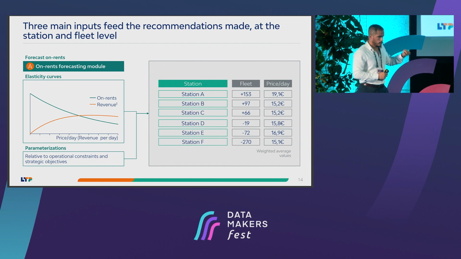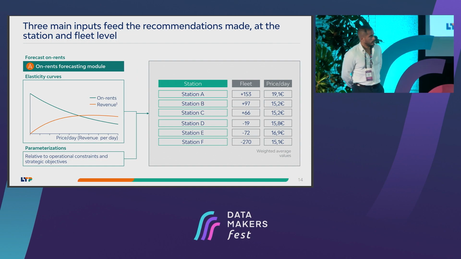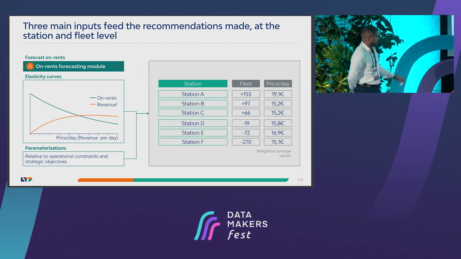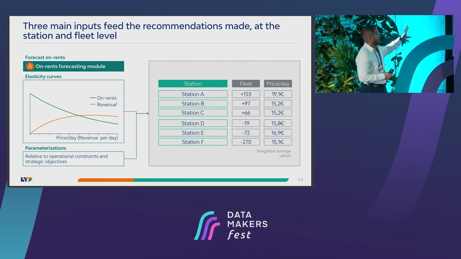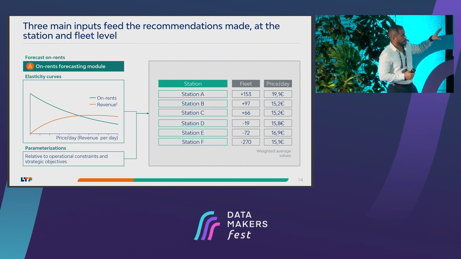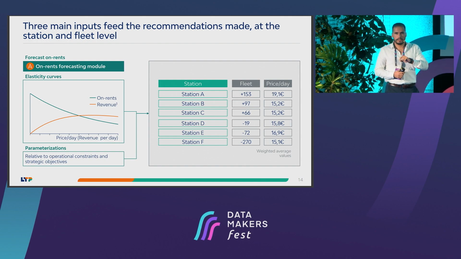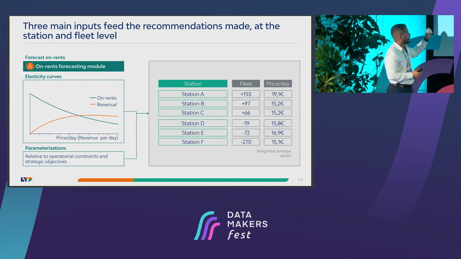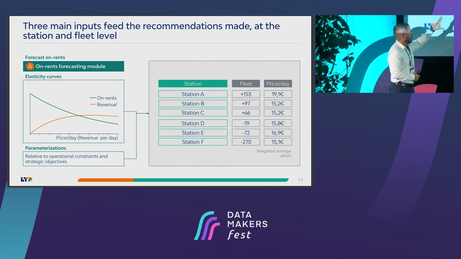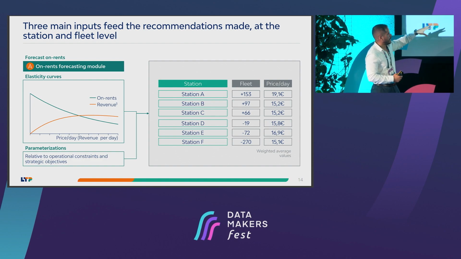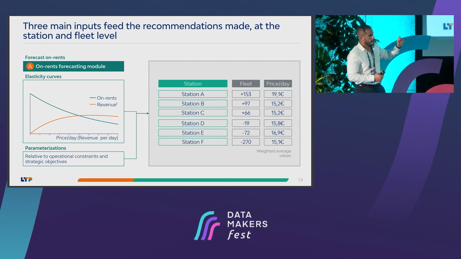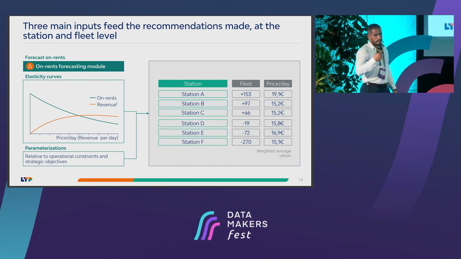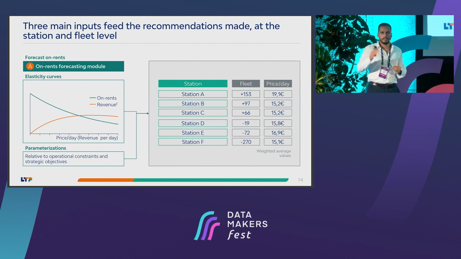And based on these two factors, we want to make 2 decisions. And the 2 decisions are quite simple: car transfers between stations and price optimization. For example, I have here station A to station F. On station A, I will need 153 more cars based on the current projection of rentals.